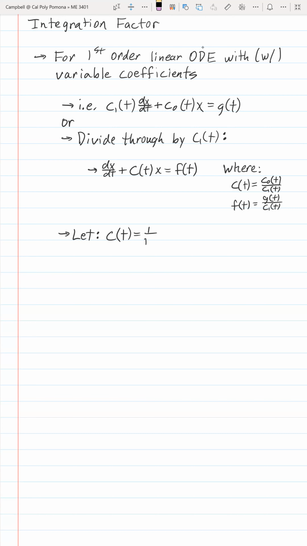So we're going to force this C of t, essentially, if you want to look at it that way, into this form, 1 over P of t times dP of t/dt. So whatever C of t is, we're going to force it into this form where 1 over a function P of t times the derivative of that same function P of t will allow us to recover C of t.